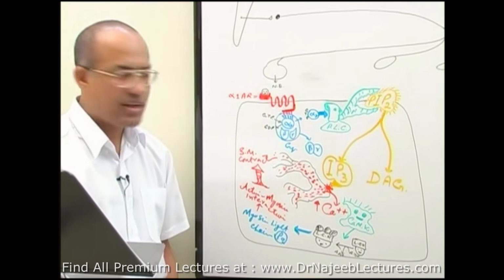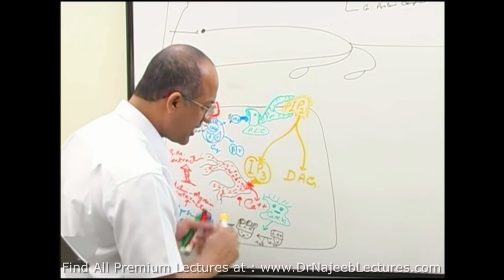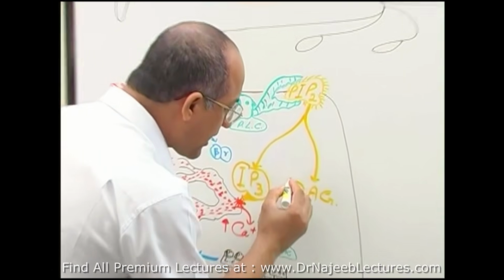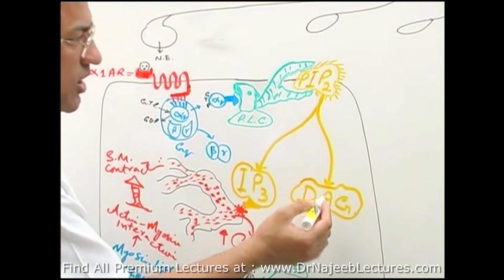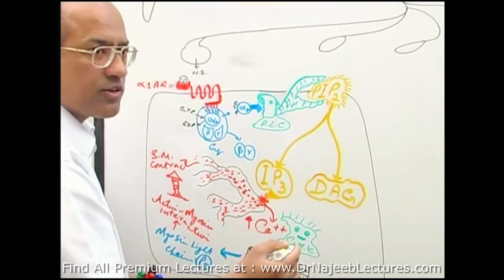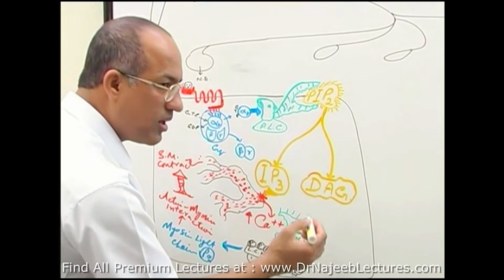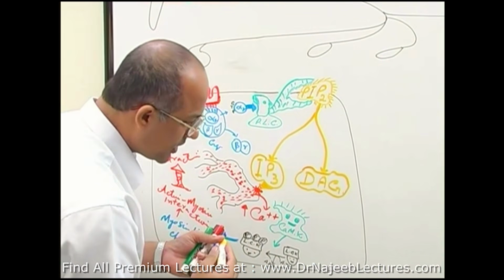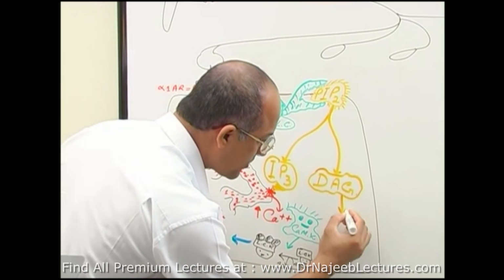Am I clear? Secondly, don't forget this DAG, diacylglycerol. Diacylglycerol is another second messenger produced from phosphatidylinositol diphosphate, and diacylglycerol can activate, who will tell me?